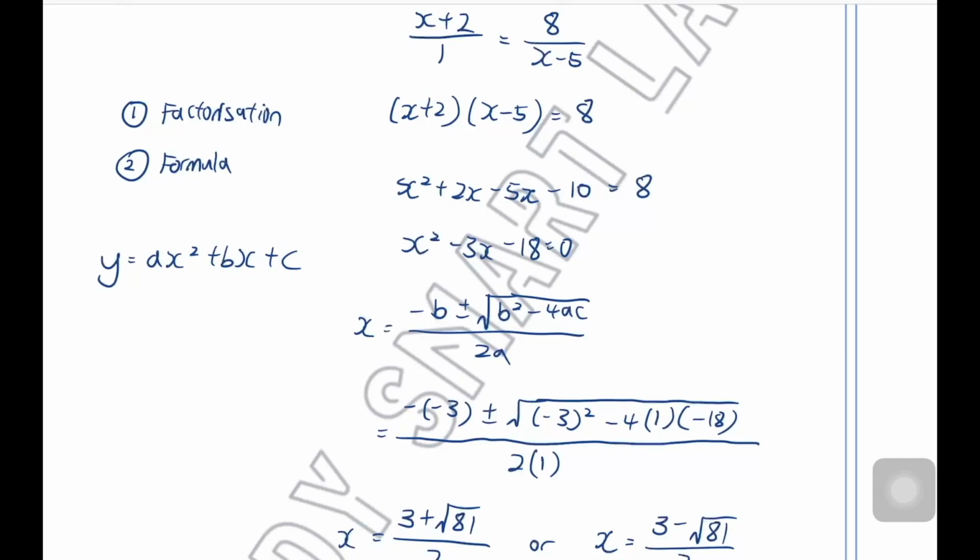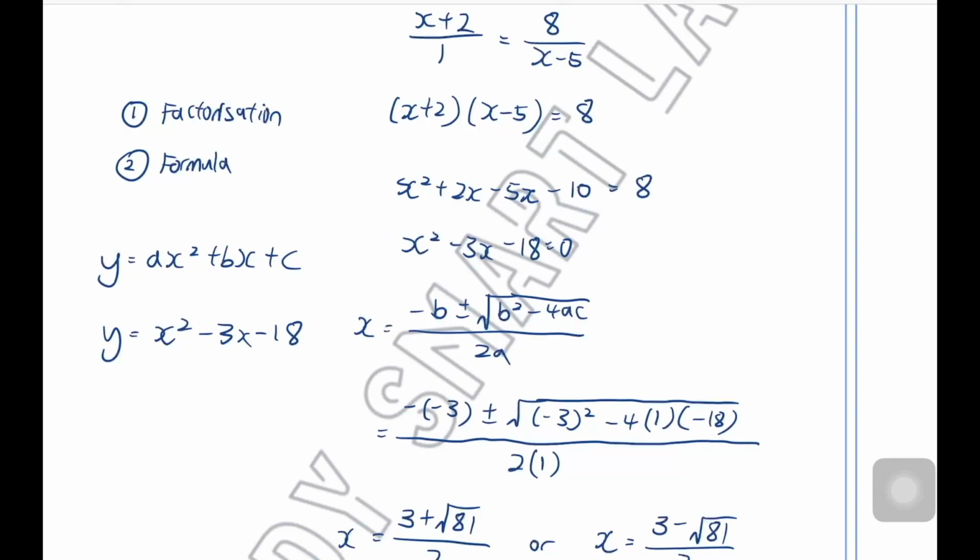So that means if I have an equation like this, I can write it as y equals x squared minus 3x minus 18.